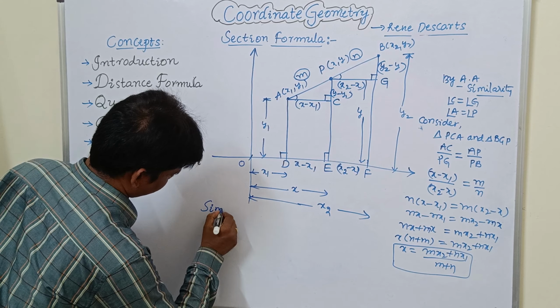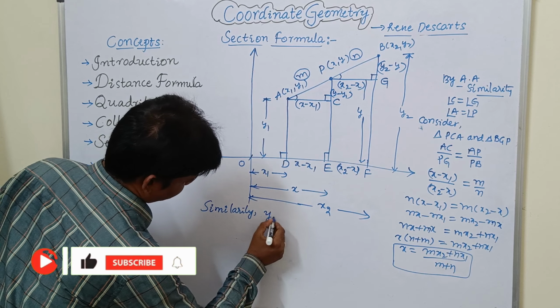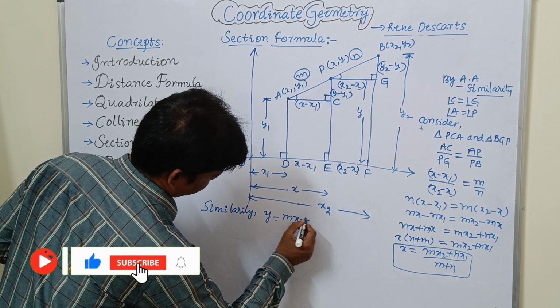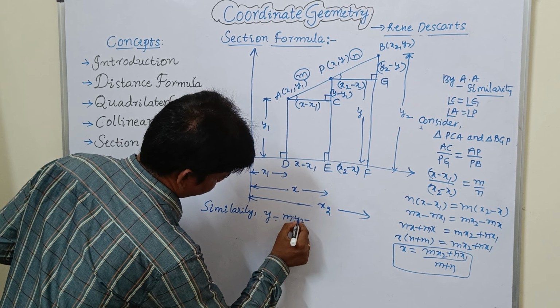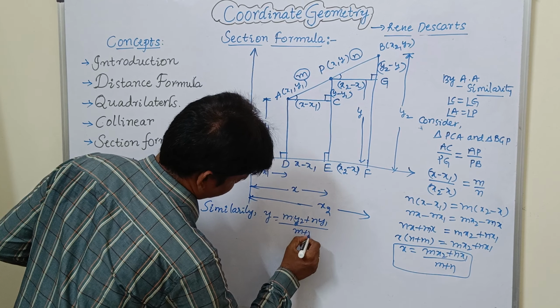Similarly, the y coordinate is my2 plus ny1 by m plus n.